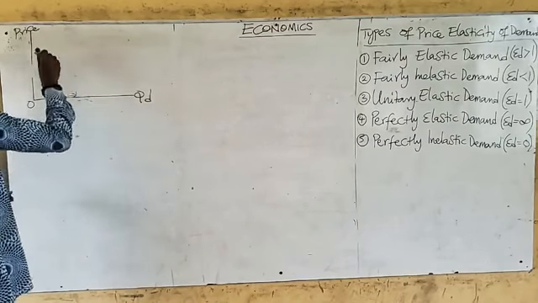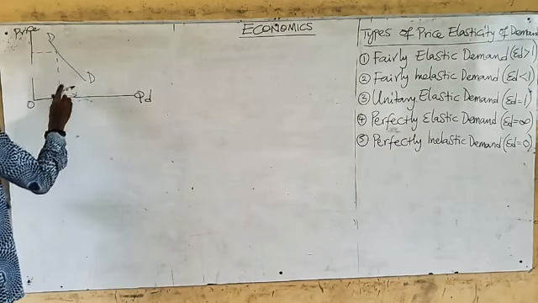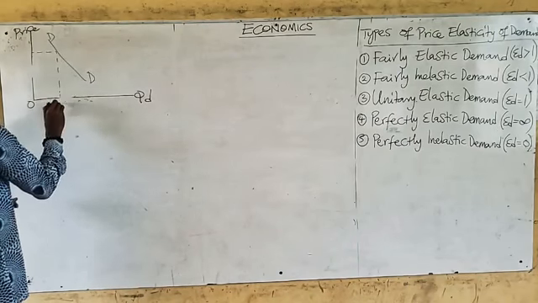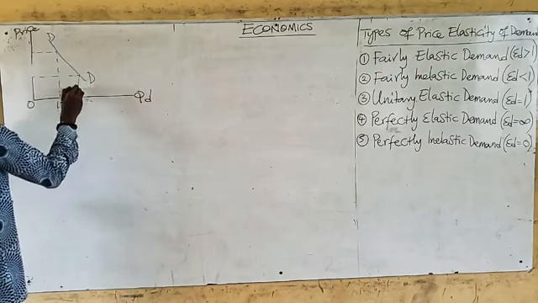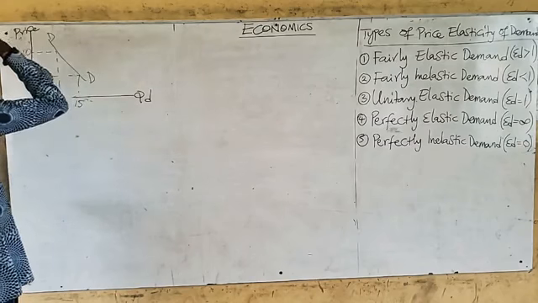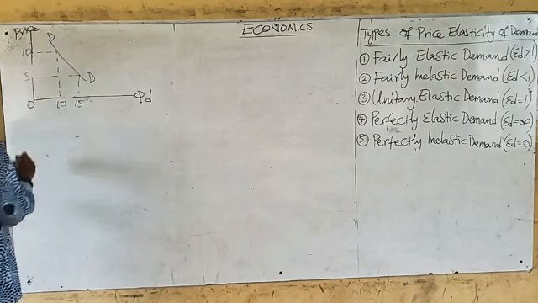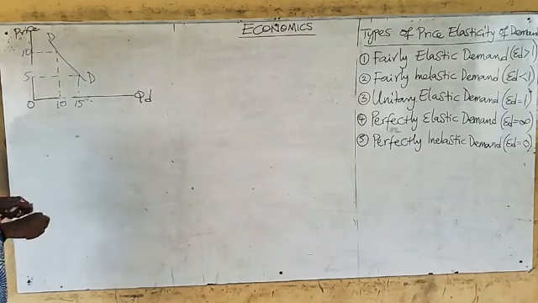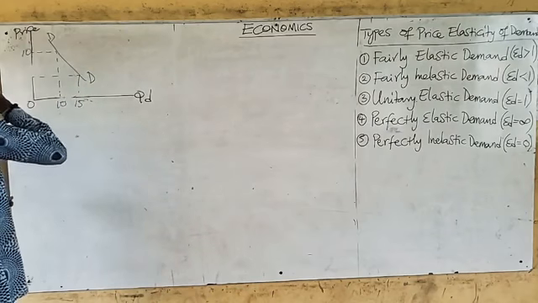So let's say this demand curve. This is 10 and it moves to 15. And this is also 10 and it moves to 5. Let me see.